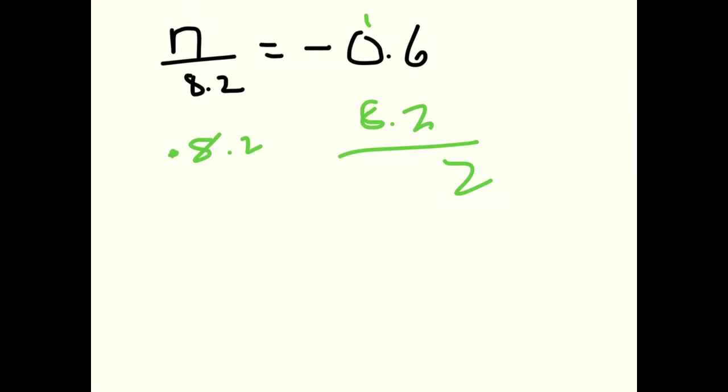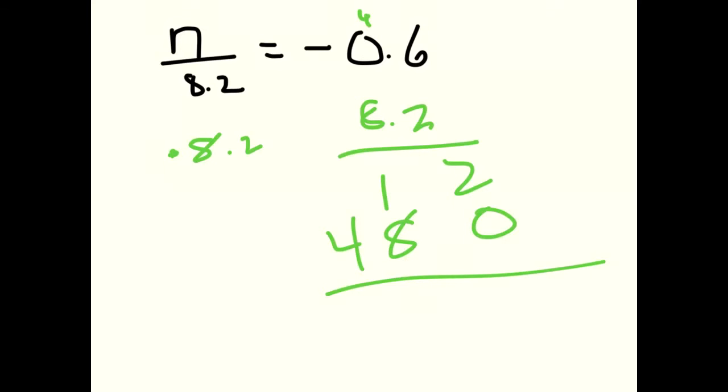Carry the 1, 2 times 0 is 0, but plus 1. Then 6 times 8 is 48. Add the 4. Then we add it up. That's 2, 9, 4. And then we count our decimals, so 1 plus 1.